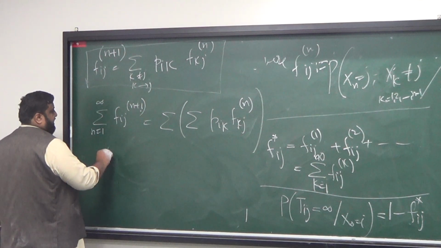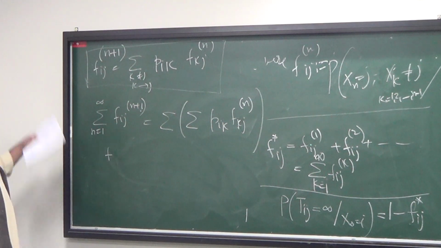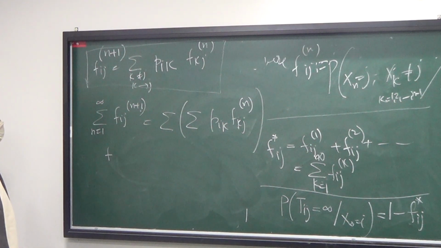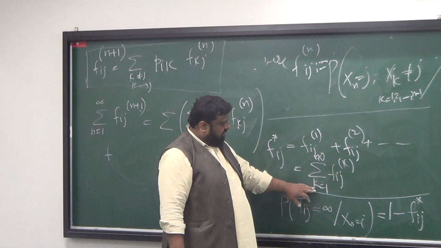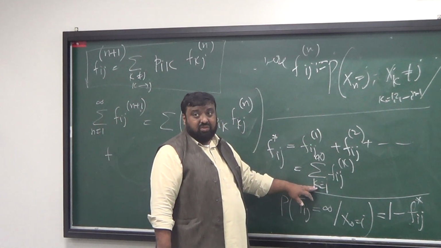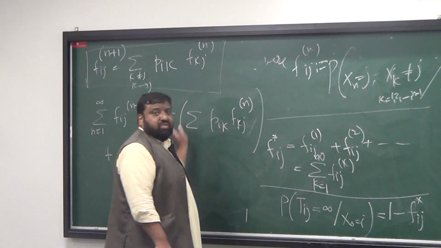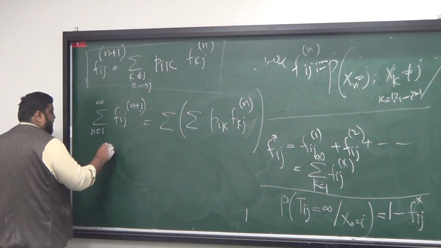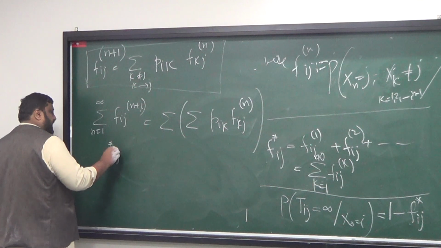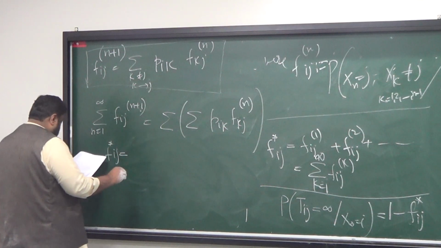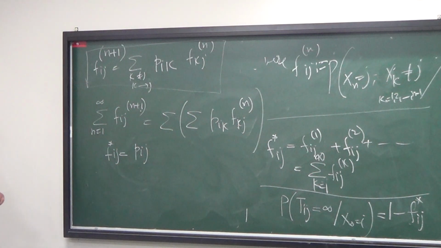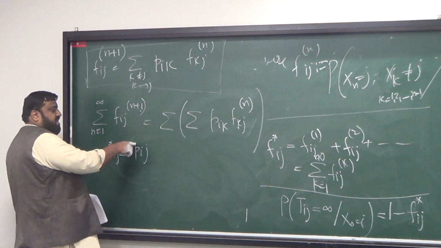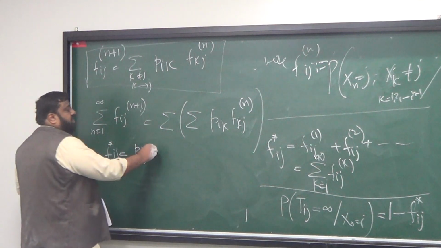I can treat this as f star ij. Maybe you need to subtract the first term. In other words, you have to add it on the other side. So I can say this would be f star ij, and so what should I add? Pij. Yes, the first term, so f1 ij plus this sum.